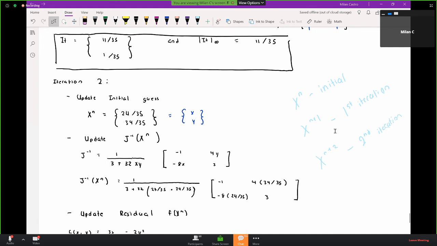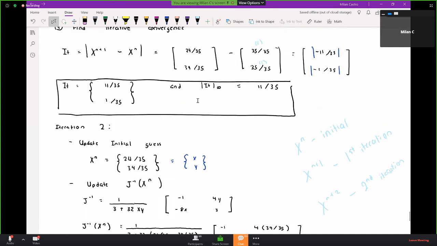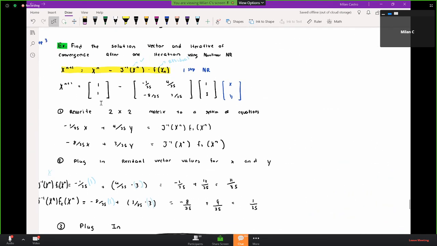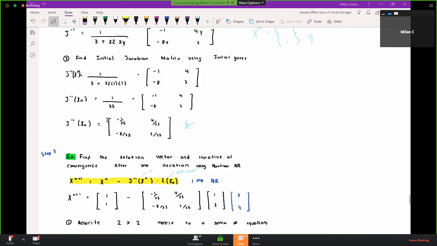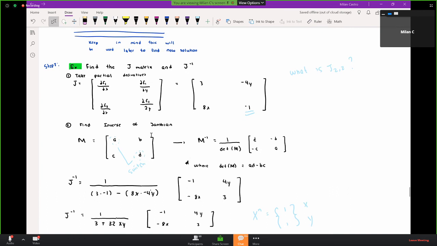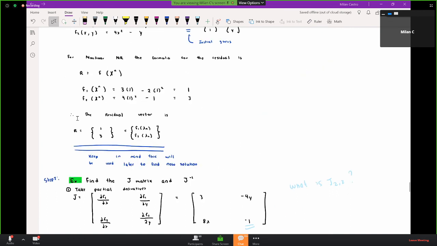Let's see. Yes, you can see the residual vector equation again. It's just your function evaluated at your initial guesses, which is all the way up here.